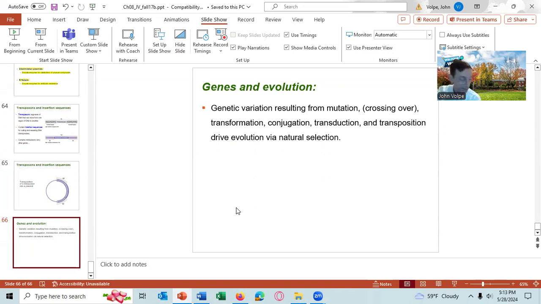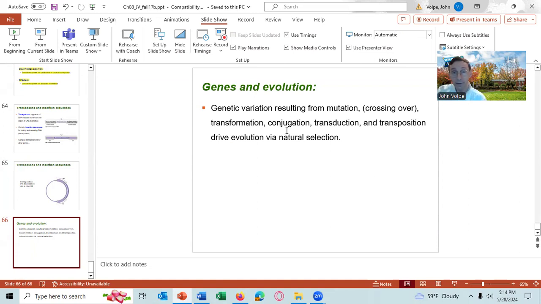If the gene does not exist in the population or in a species, it cannot come into the population or species until it evolves by mutation. Crossing over as well as transposition shuffles up the DNA, creating new genetic combinations, not new genetic variation, but just bringing different genes together.